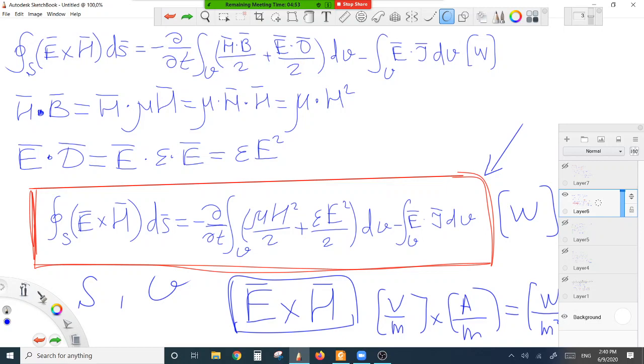There are two possibilities that must be considered here. One is that the current density is a source current density such as produced by a battery or generator inside the volume V. And the second is a current density provided by external sources.